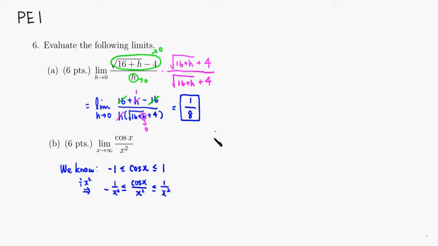So here's the limit of -1 over x squared as x approaches infinity. And also, we take the limit of the largest guy, which is 1 over x squared, as x approaches infinity.